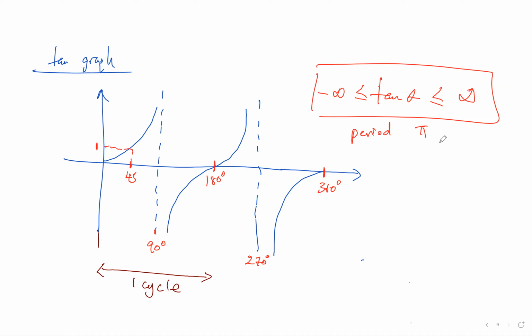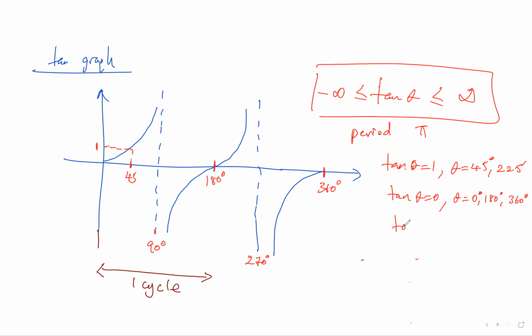Okay. What else? Another important thing is basically tangent. When is tangent theta equal to 1? When tangent theta is equal to 1, it's theta equal to 45 and 225. When is tangent theta equal to 0? This is easy. You have 0, 180, 360.